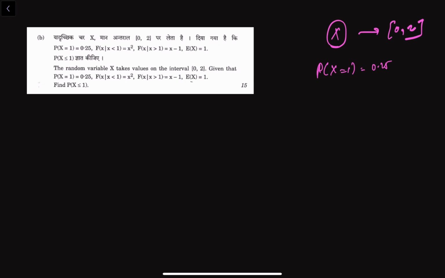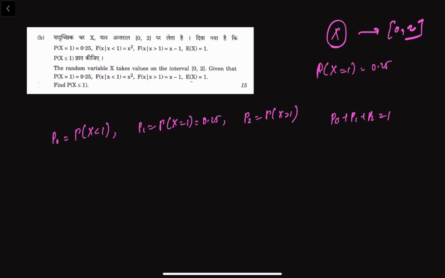So we can split it into two conditional distributions, when x is less than 1 and when x is greater than 1. Let P naught be the probability of x less than 1, P1 the probability of x equals 1, which is 0.25, and P2 the probability of x greater than 1. So clearly P naught plus P1 plus P2 must be 1.